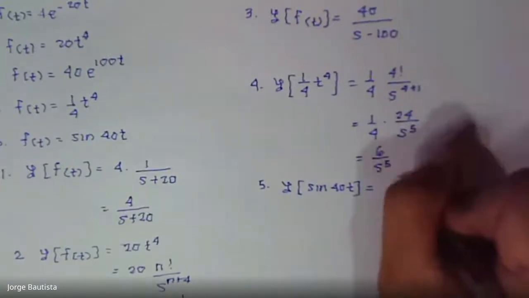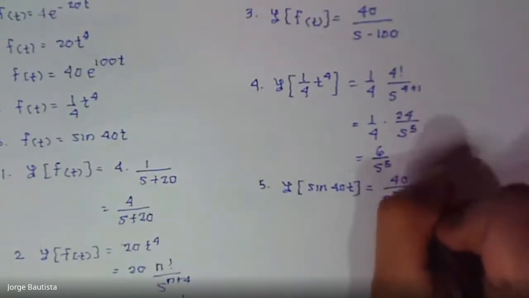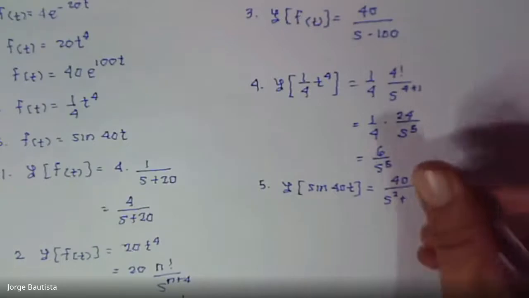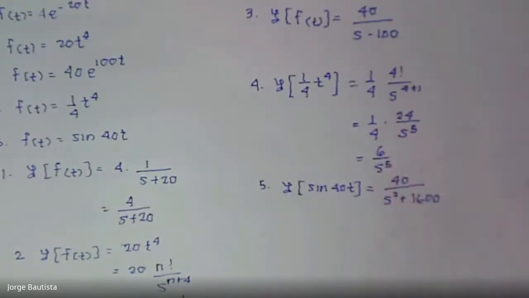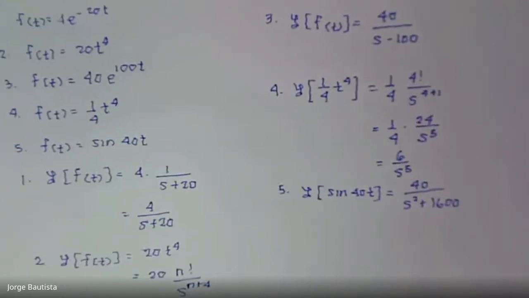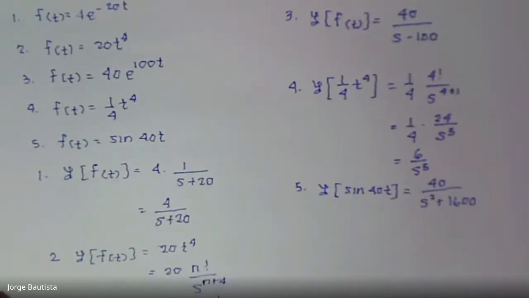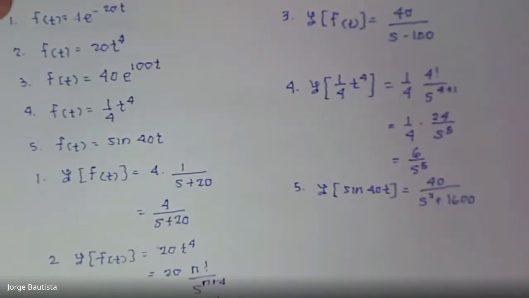So, you have 40 over s squared plus 40 squared, that is 1,600. Ganun lang kabilis kung na-memorize niyo yung pairs. Ngayon, kung hindi nyo na-memorize yung pairs, o di mag-i-integrate kayo isa-isa.